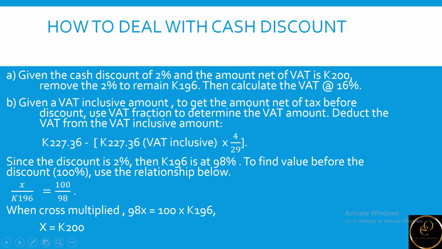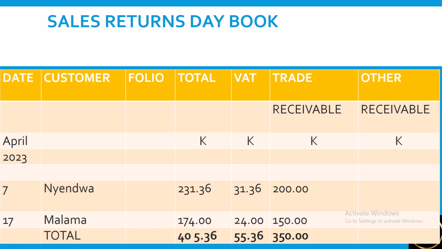We get back the 200 kwacha here. So in this particular case, we have 200 kwacha, which is the net amount. We have calculated the VAT, which is 31 kwacha 36 ngwee. We add that VAT, we get a gross amount of 231 kwacha 36 ngwee.